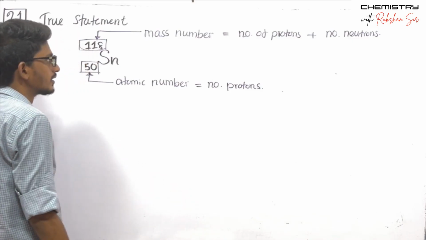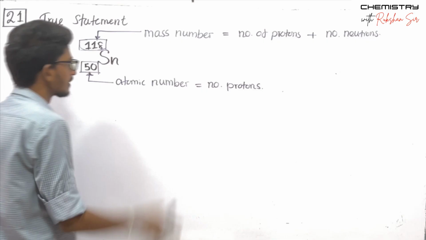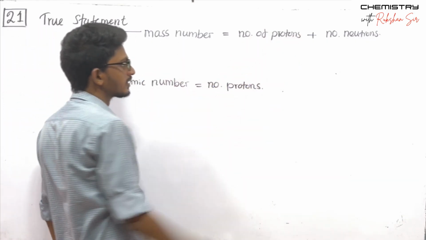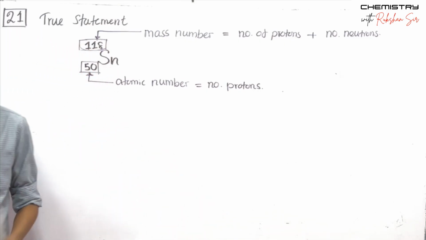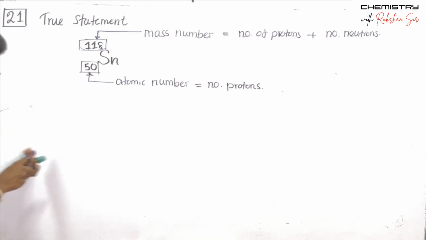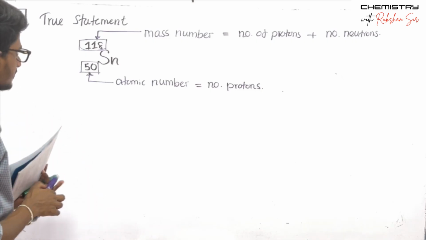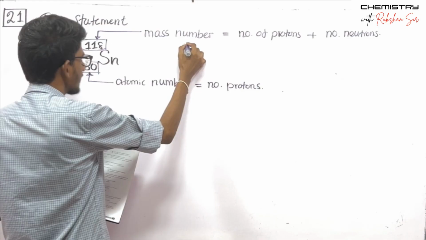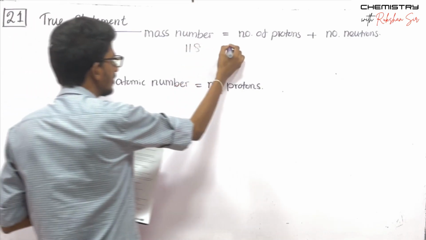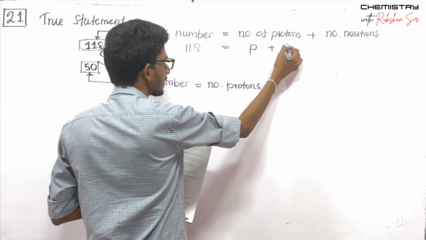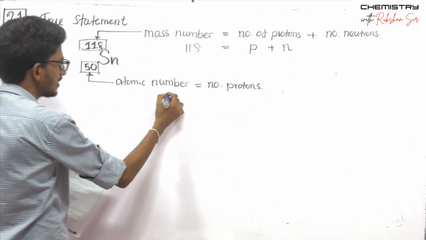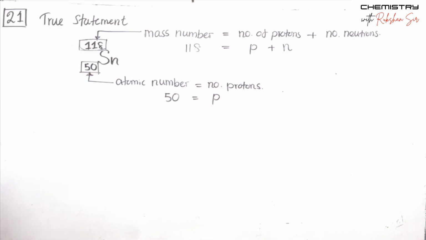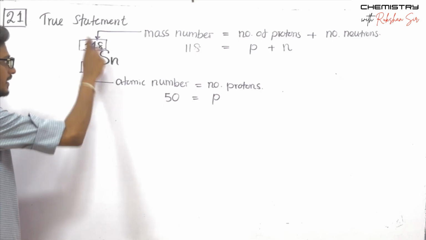If you deduct the atomic number from the mass number, you will get the number of neutrons. This is clear? Let's apply the numbers here. 118 is equal to the number of protons plus neutrons, and 50, the atomic number, is equal to the number of protons. That is what we can gather from the data provided.